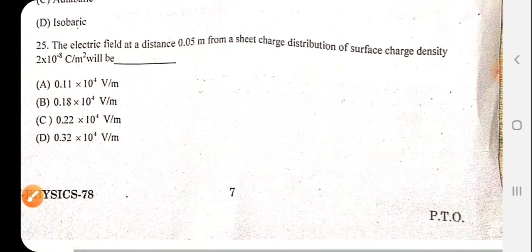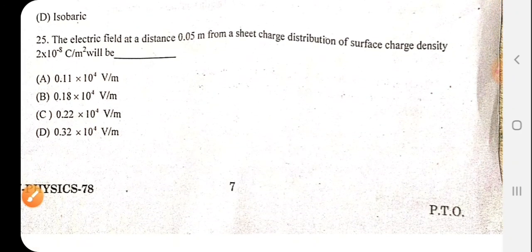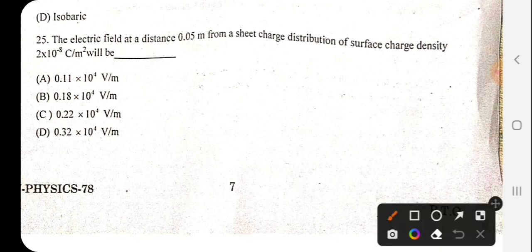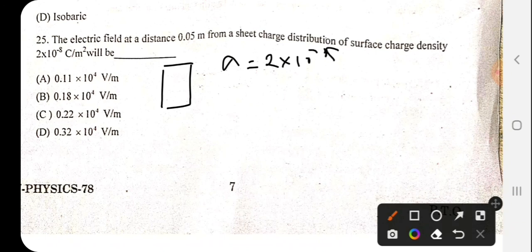Now come to question number 25. This is given: the electric field at a distance 0.05 meter from a sheet of charge distribution of surface charge density as given. So what do we have? First, this is a normal plane sheet of charge. Sigma is given as 2 into 10 to the power minus 8. What will be the electric field?